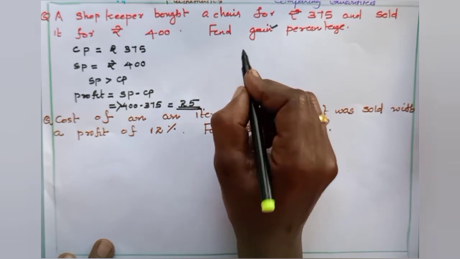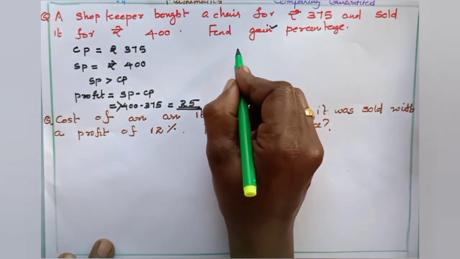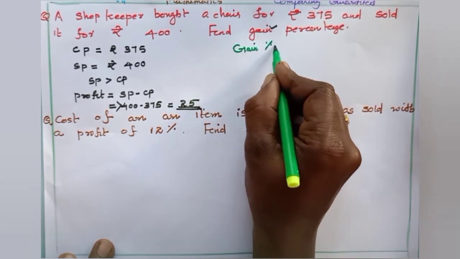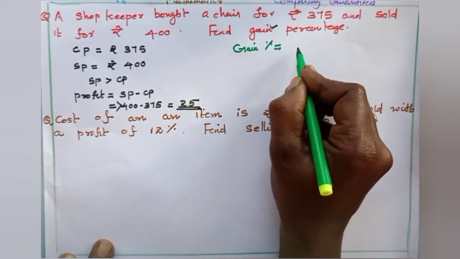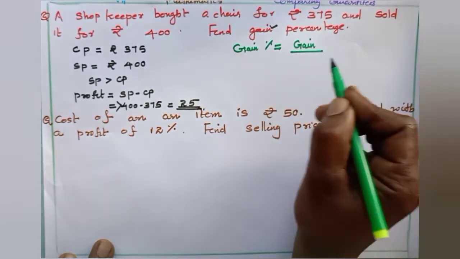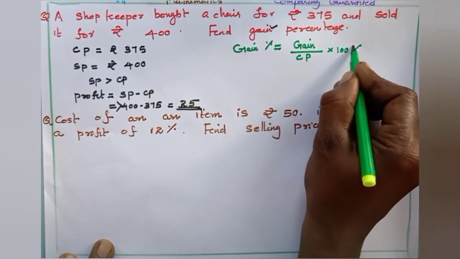Then we want to find the gain percentage. Gain percentage means profit percentage. So gain percentage equals gain by CP into 100%.